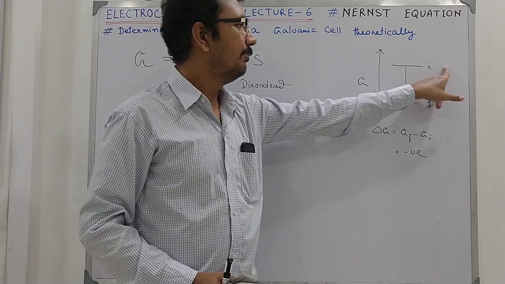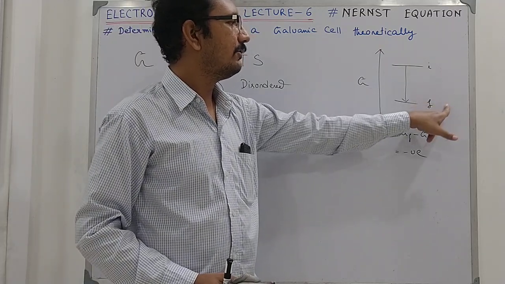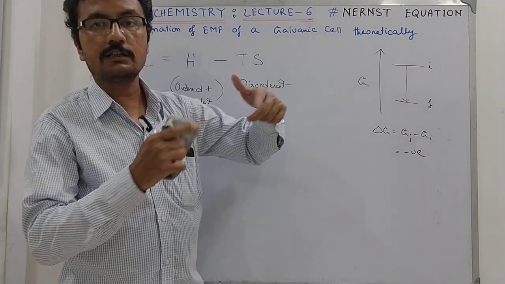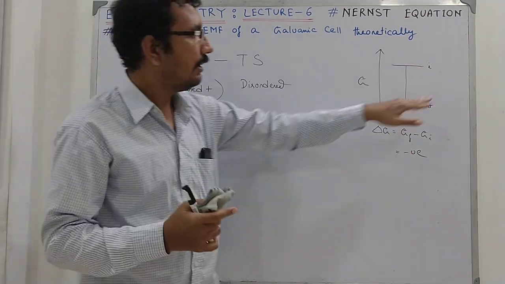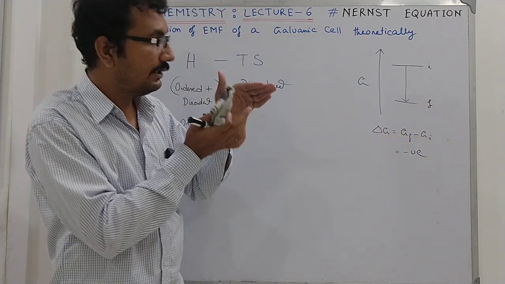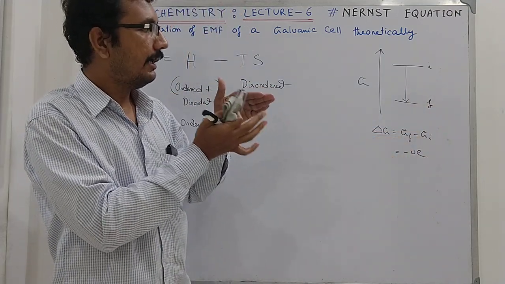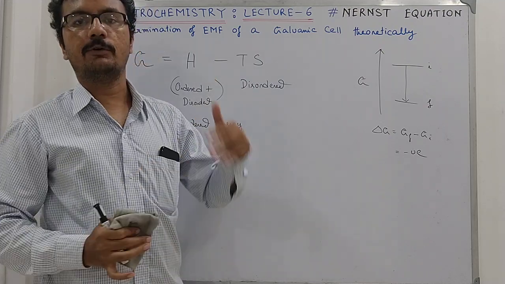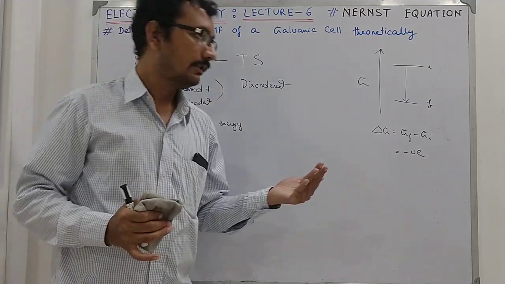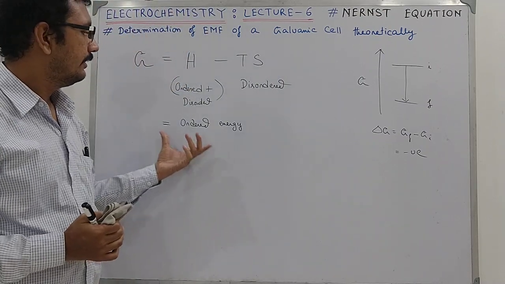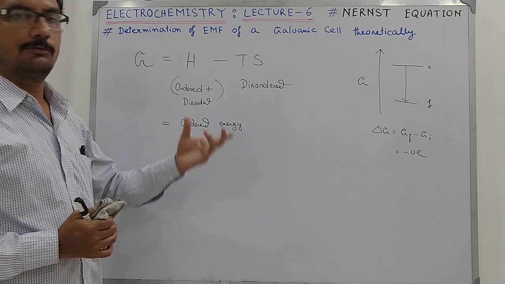So you have more ordered energy here, less ordered energy here. So where has the difference gone? The difference has been gained in the surroundings in the form of work. So that is the issue that was taken up by Helmholtz.